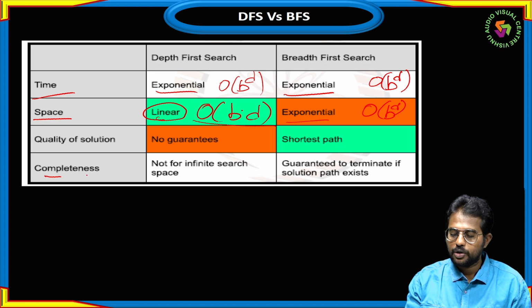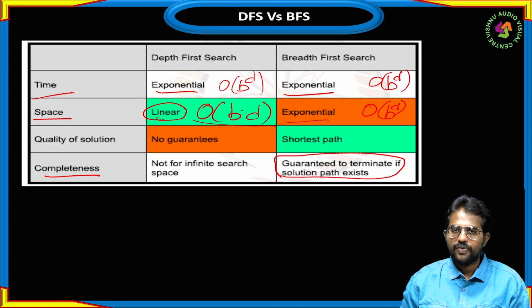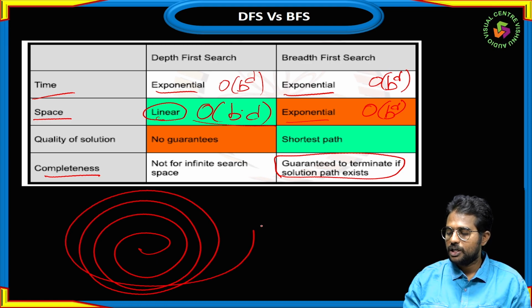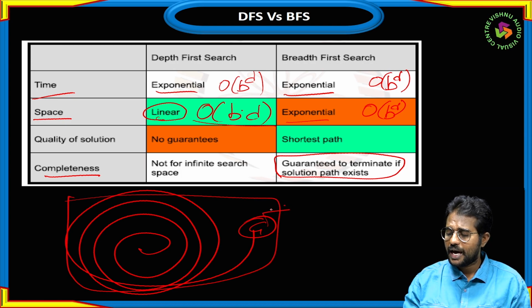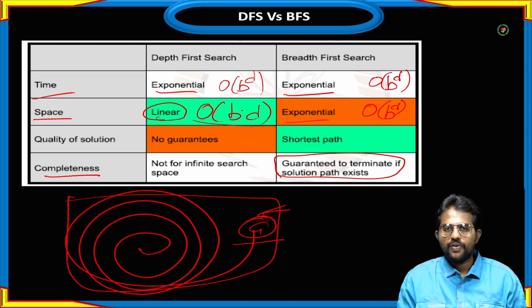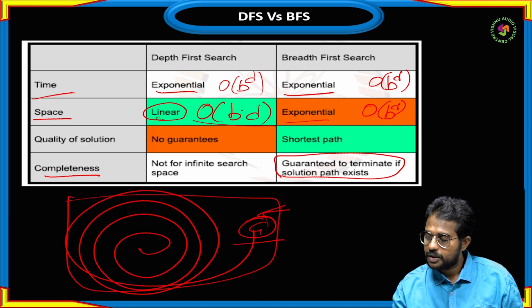Next, coming to completeness. BFS will guaranteedly find the goal node because it will go on circling through its successors until it reaches the goal node. So by using BFS, we can guarantee that if any goal node is present in the search space, BFS will find it, whether it is a finite search space or an infinite search space.